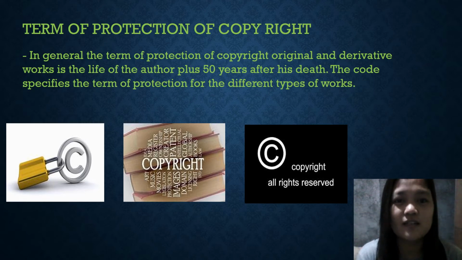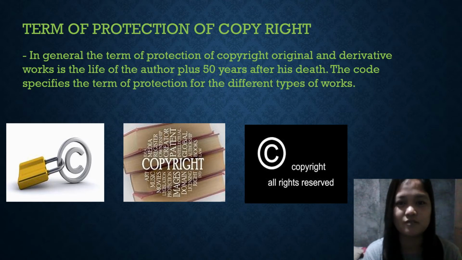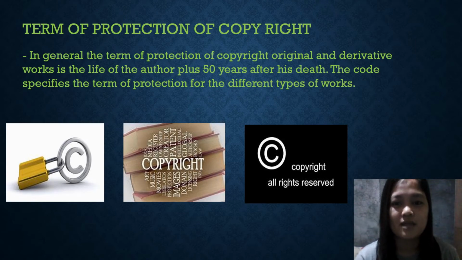In calculating the term of protection, the period subsequent to the death of the author shall run from the date of his death or of publication, but such term shall always be deemed to begin on the first day of January of the year following the event which gave rise to them, for example, death, publication, making.